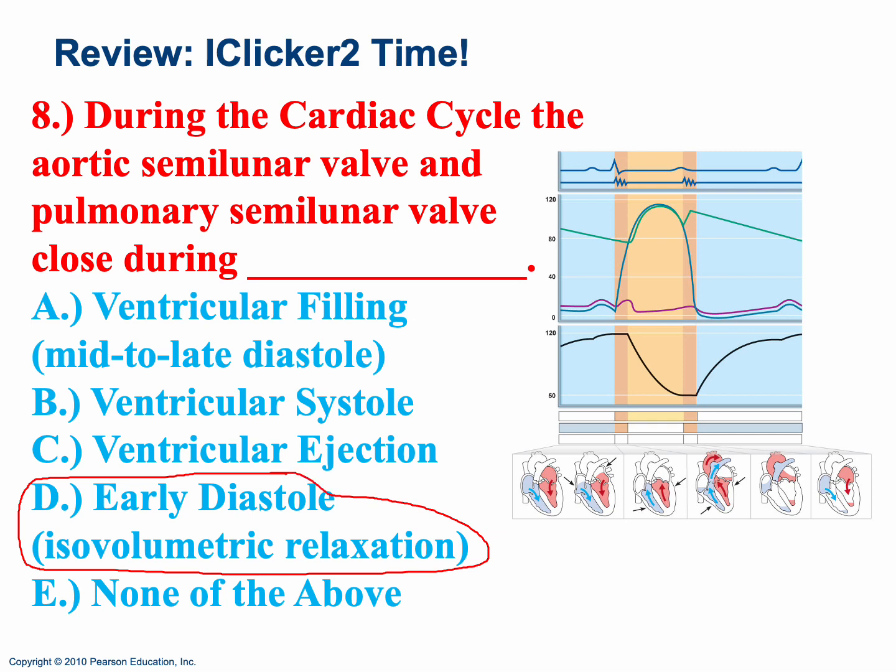Here the ventricles are relaxing and the semilunar valves are closed. It's certainly not going to be the ventricular ejection, where the blood is going up and the valves obviously are open, or the ventricular systole. And ventricular filling is not the best answer here. Early diastole would be the best one.